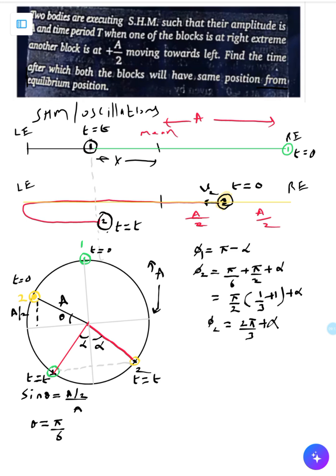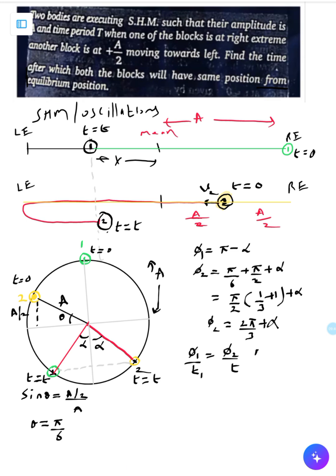Okay, now what time will it take? The omega will be the same, same time period. So what is given here? The time period is the same. Means the time the 1 takes to move from here to here is the same time the 2 takes to move from here to here. So based on that, the angular displacement phi 1 by t should be equal to phi 2 by t.